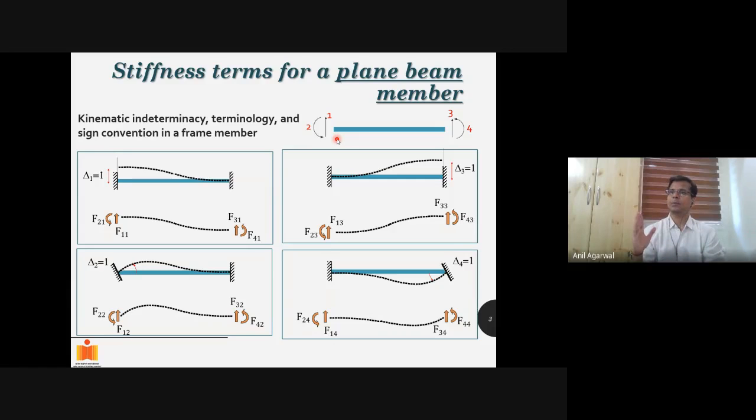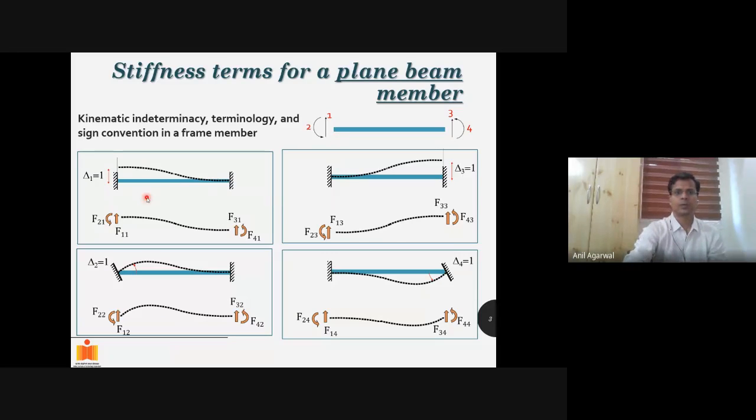What it says is you apply a unit displacement at some point, and how much force do you have to apply at various locations to achieve that displacement here. When we calculate the stiffness terms, we make sure that when that degree of freedom has a unit value, all other degrees of freedom still have 0 displacement.